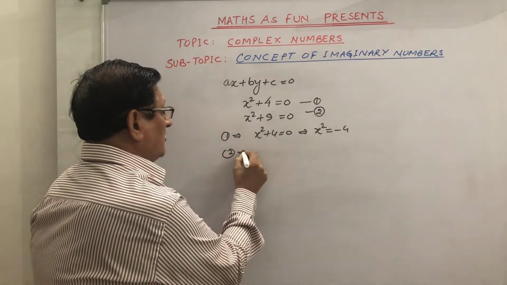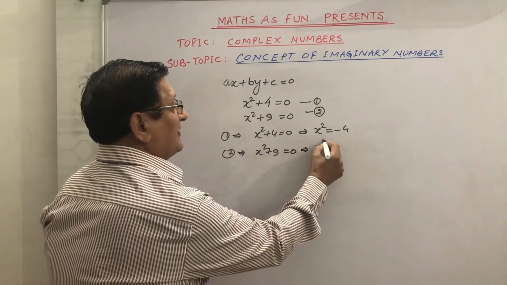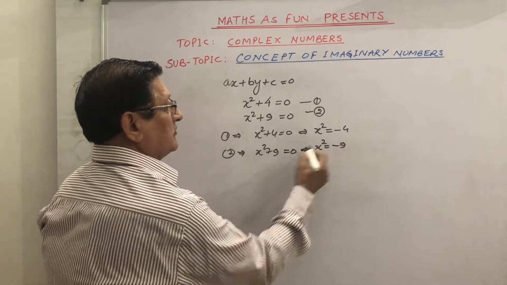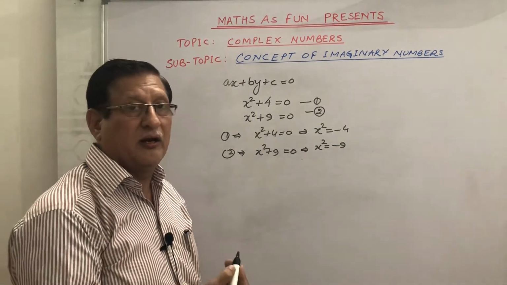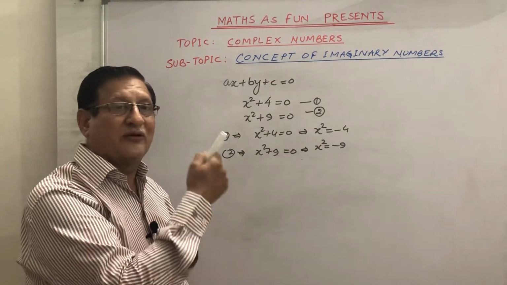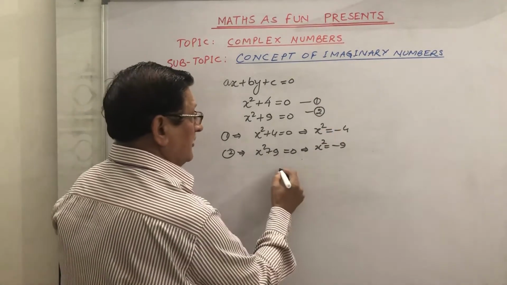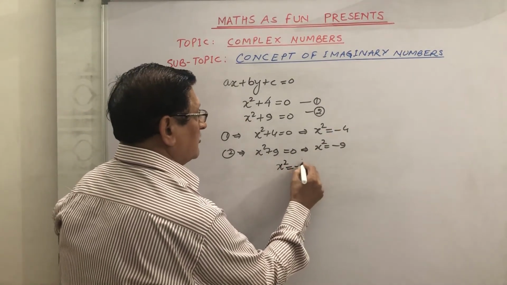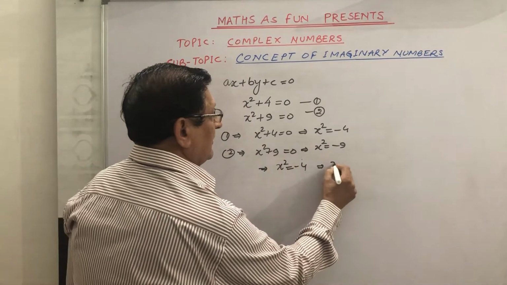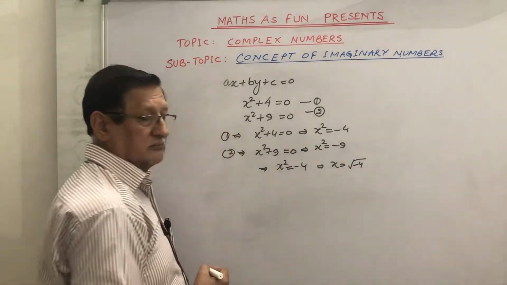Similarly, in number 2 also we find x square plus 9 equal to 0 implies x square is equal to minus 9. We do not have any real number whose square is minus 9, and that's why we required imaginary numbers. We said here that if x square is equal to minus 4, then x will be equal to root of minus 4.